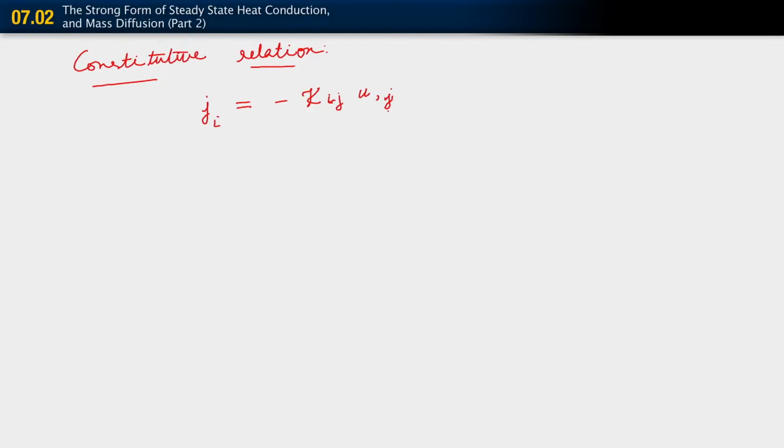So u comma j, you recall, of course, is just the partial of u with respect to x_j. So it's the temperature gradient. This constitutive law goes by the name of the Fourier law of heat conduction.